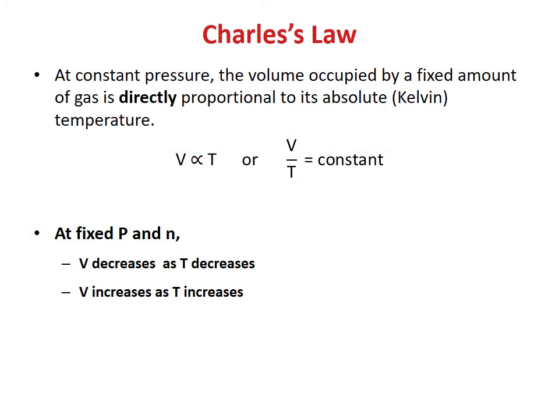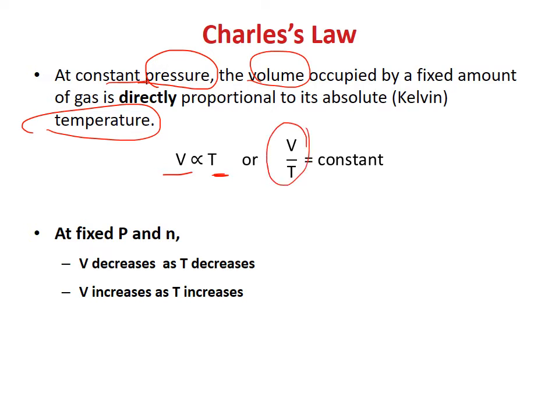Boyle's law is at a constant temperature. In Charles's law, pressure is kept constant. It is experimentally determined that the volume occupied by a fixed amount of gas is directly proportional to its absolute temperature. So volume and temperature are proportional, or we can write volume divided by temperature is a constant.